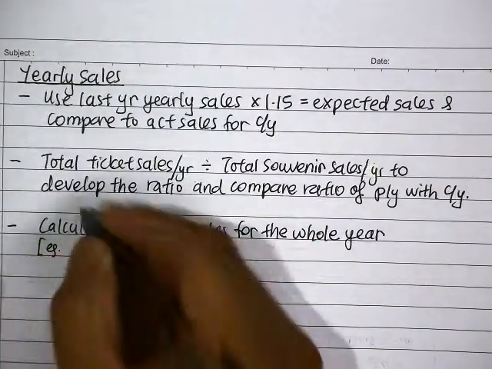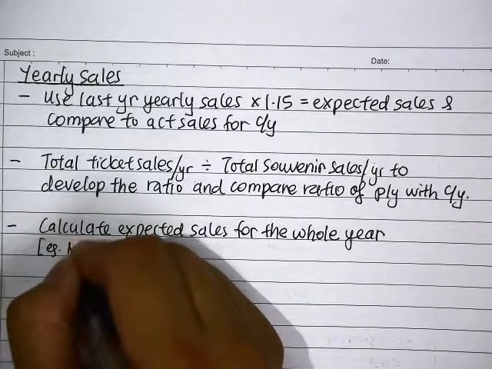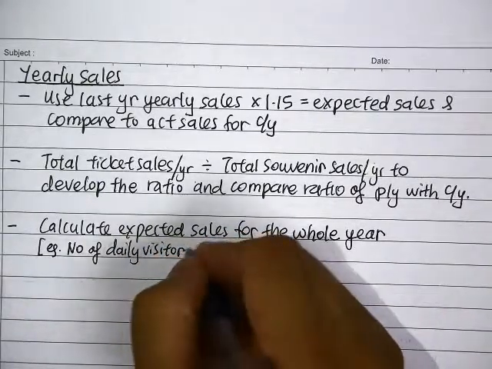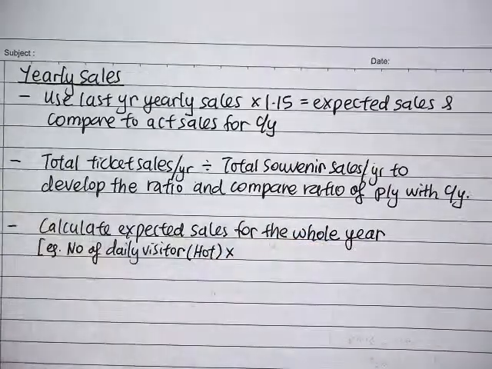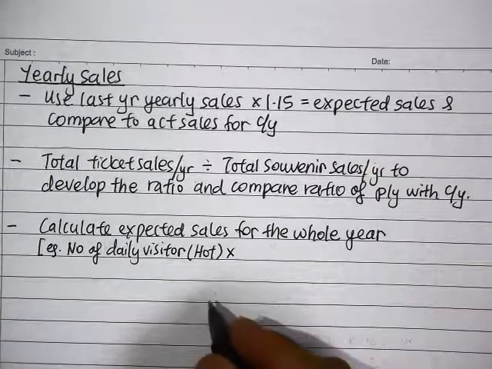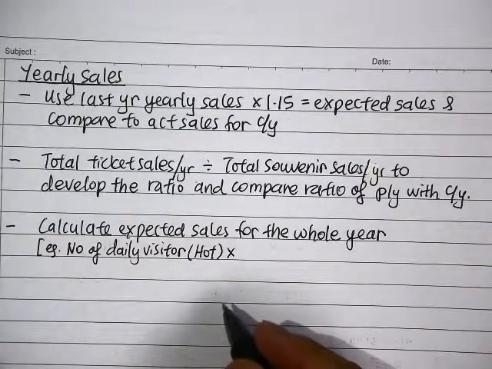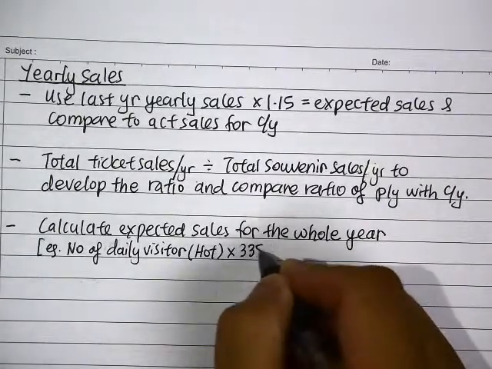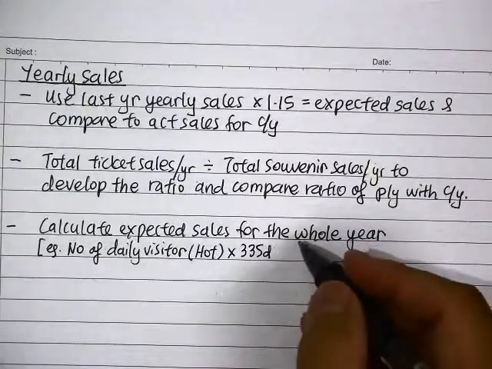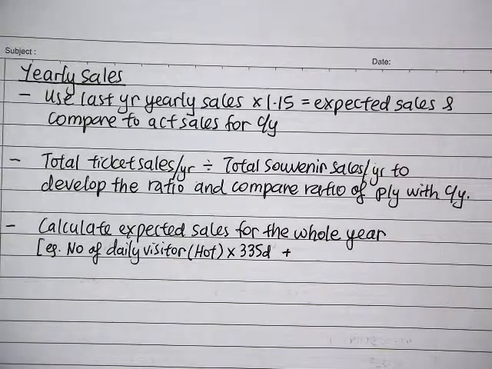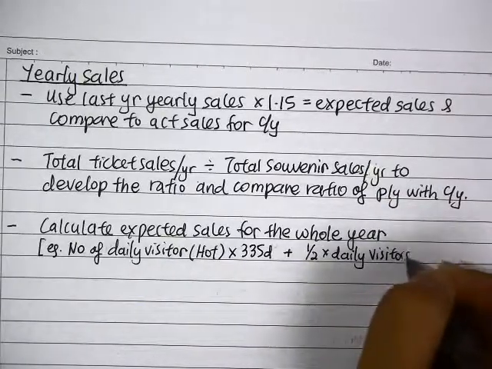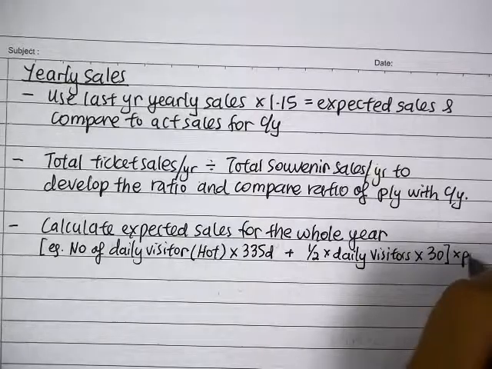Example, you take the number of daily visitors when it is a hot day times, now 1 year got 365 days, so they tell you about 35 days are raining, sorry, about 30 days are raining, so 335 days will be hot, plus we will take half of the daily visitors times 30 times the price.